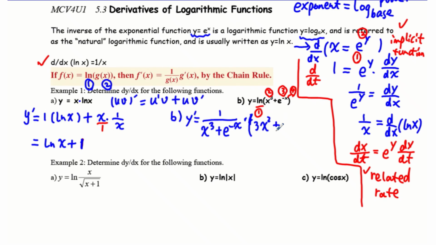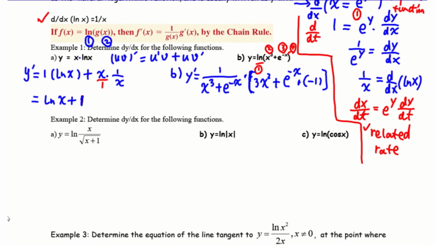Then plus the exponential: e to something is itself, then times the derivative of the exponent, which is negative 1. So this is multiplication. You don't have to simplify it. This is done. Then we continue to find the derivative of the bottom one.